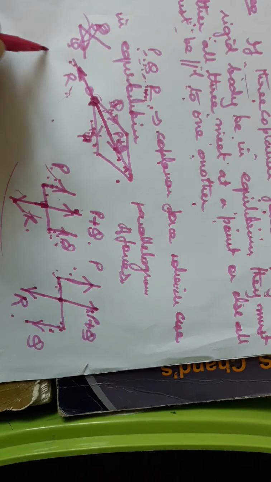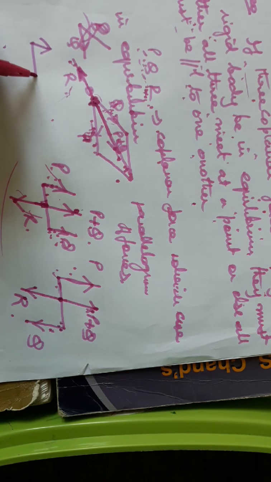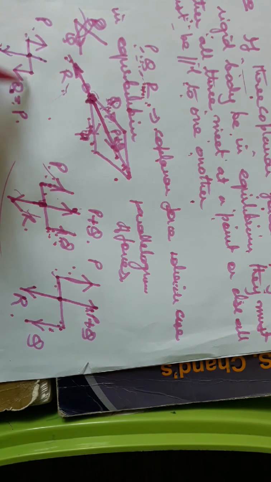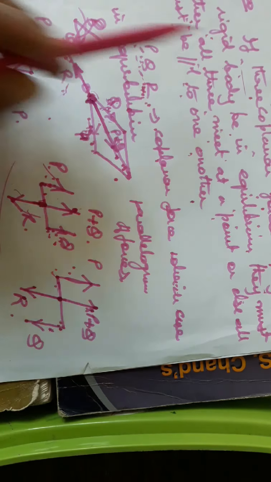Note that P and Q cannot form a couple. By couple, we mean that P and Q are two equal, unlike parallel forces. A couple and a third force can never be in equilibrium.